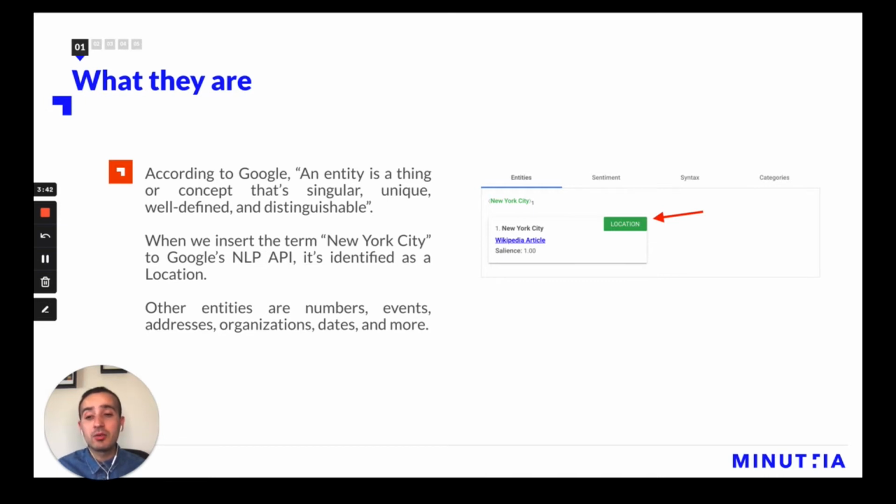This means that Google is capable of understanding what entities are and is also able to categorize them from a given piece of text. This is extremely important when it comes to search engine optimization, SEO, and how results are served on the SERPs, search engine results pages. Other entities are numbers, events, addresses, organizations, dates, and more. This is something that we are going to cover in the next section.